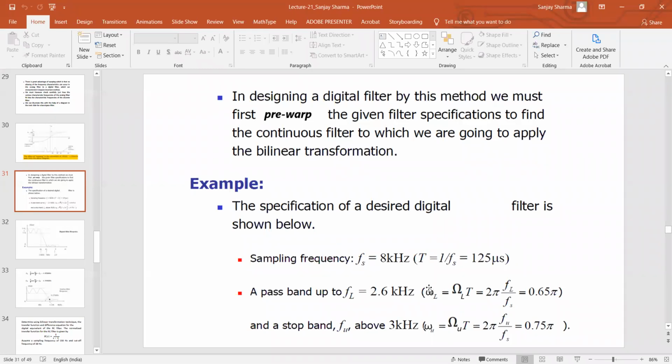This 2.6 kilohertz is what we want for our digital filter. I put 2.6 kilohertz here, I put the fs value 8 kilohertz, and I get omega L to be 0.65 pi.